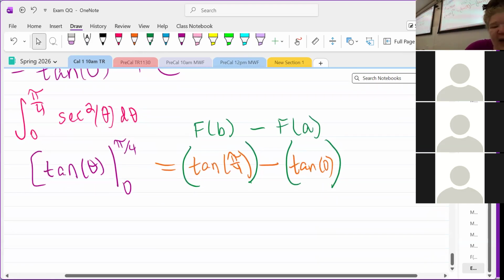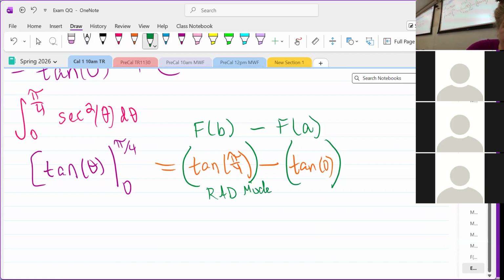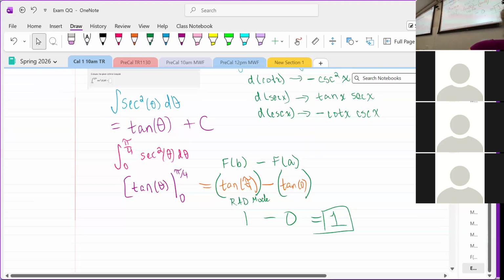Now the tangent of pi over 4, again, make sure your calculator is in radians mode, and then you can just type this in, and it turns out the tangent of pi over 4 is 1, and the tangent of 0 is 0. So we get a definite integral value of 1.